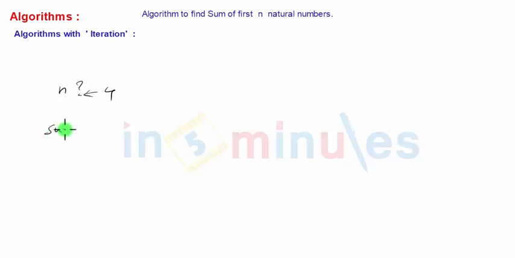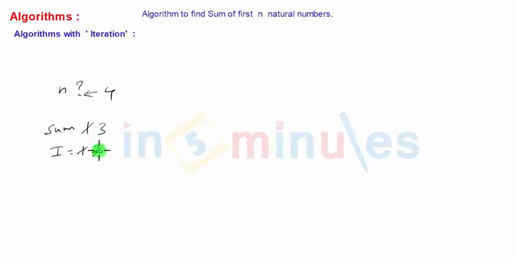One is the sum till this point, and to add numbers 1, 2, 3, 4, in our mind we need to generate this sequence of numbers. To generate this sequence, let's take an example. We'll assume some variable as I. In our mind, first we'll generate number 1 and add it to sum. Sum is now 1. Then we'll increment that value to 2, add it to sum to make it 3.